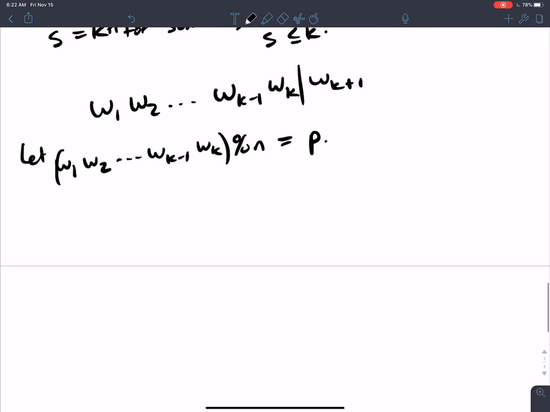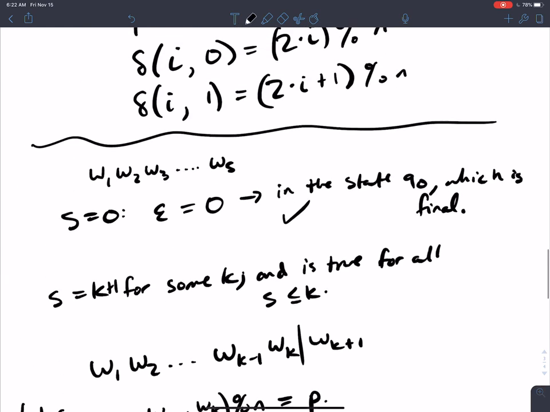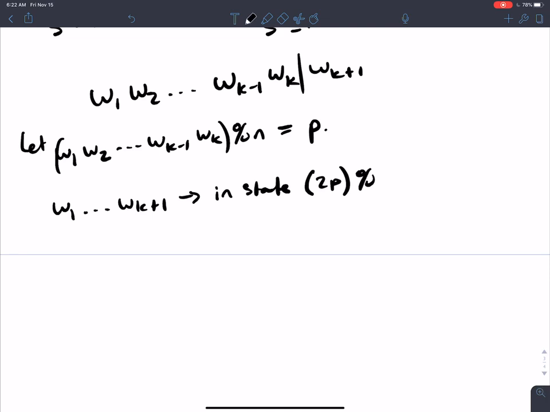By definition, the transition function after reading w1 up through wk plus 1 is going to be in state 2p modulo n if wk plus 1 is equal to 0, and 2p plus 1 modulo n if wk plus 1 is equal to 1.